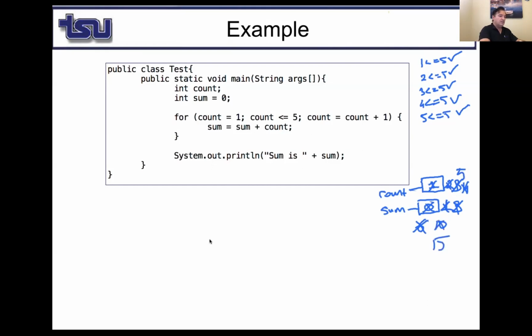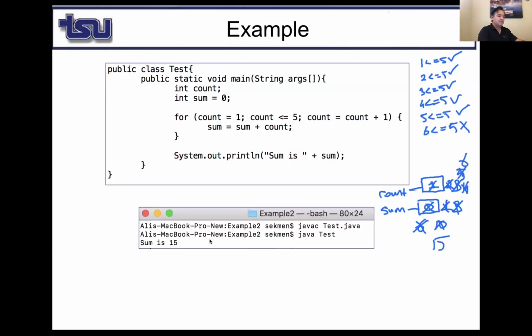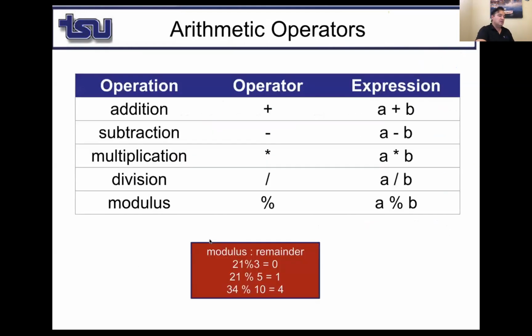And then I do the update, so count becomes 6. And then check the condition again. This time the condition is 6 less than or equal to 5, which is not true. I am done. I'll come here. It will say sum is 15. Again, this is the sum of numbers from 1 to what? 5.